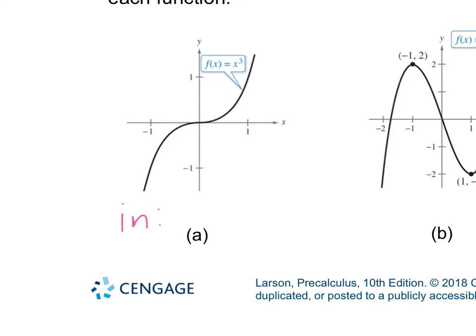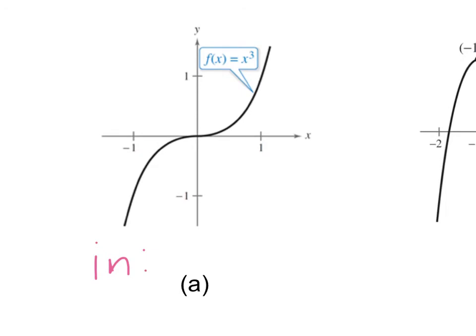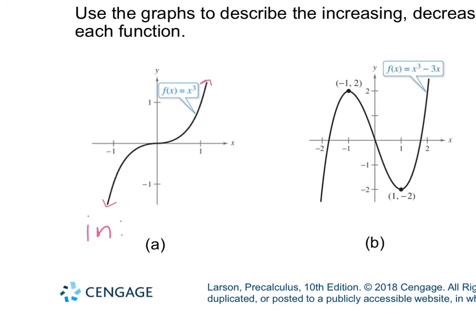For this one, we would assume that these have arrows on them, that it goes on forever because it doesn't have that closed circle. So it would be all real numbers. Yep, all real numbers. So we could put all real numbers or negative infinity to infinity.